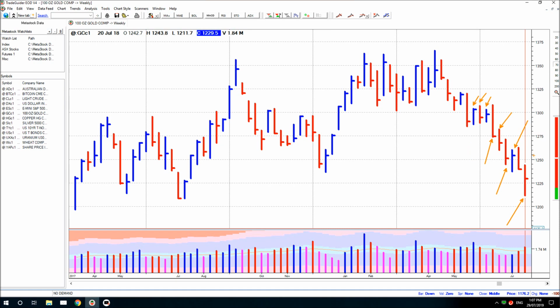But when these people can see that price isn't going to find ongoing support, they dump, and these down bars develop. So at this point, there's nothing to see here really for the long side.